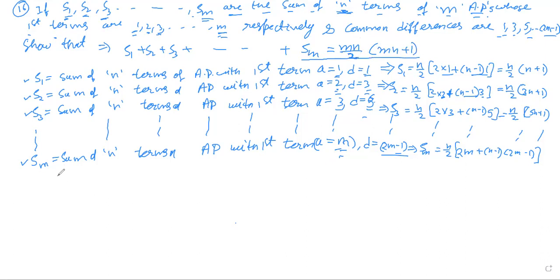So now we will add them. The results which we have obtained must be used to prove this. Now add them, in place of S1 we write n by 2 into n plus 1.